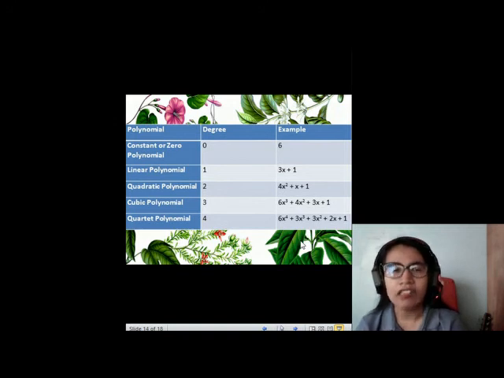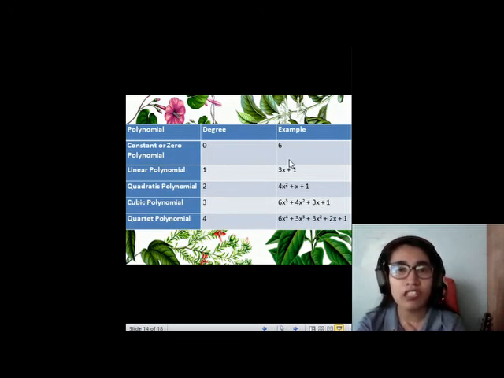Here, the polynomial, degree, and our examples. Our first example is 6. Since it is a constant, it doesn't have a degree. So it has a 0, and we call it a constant or zero polynomial, because polynomials have different types also.